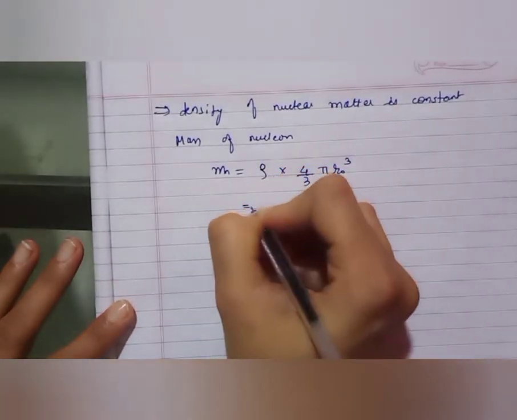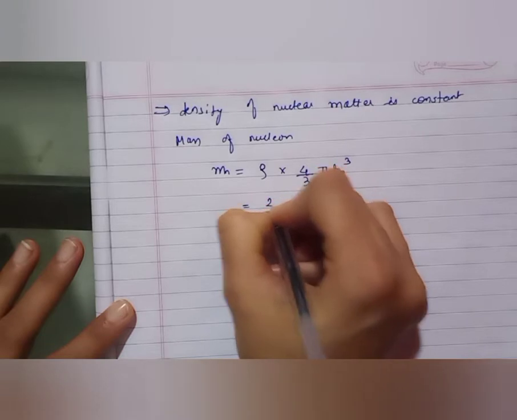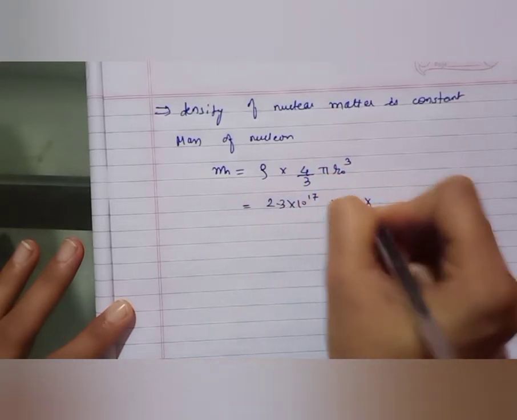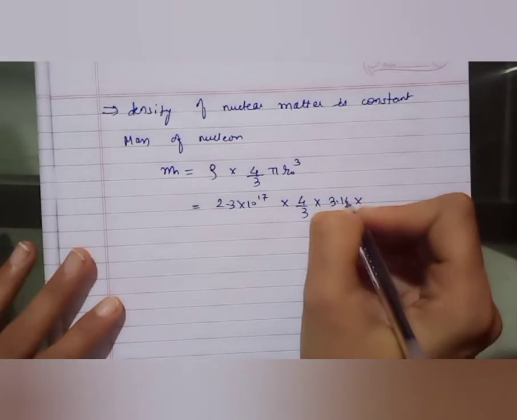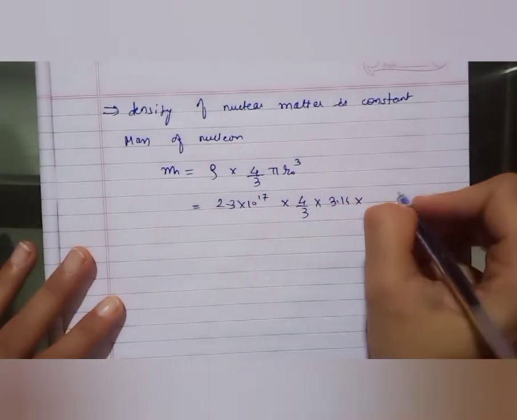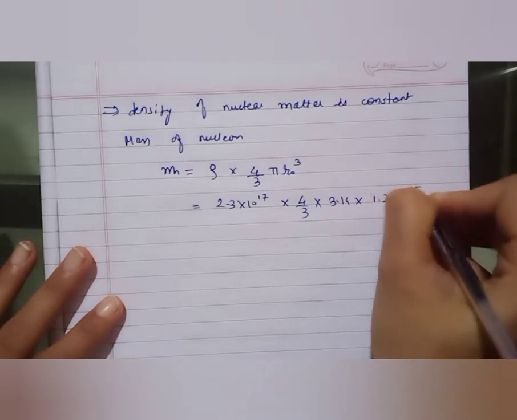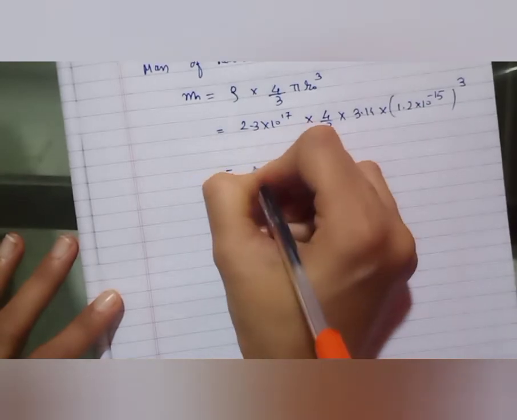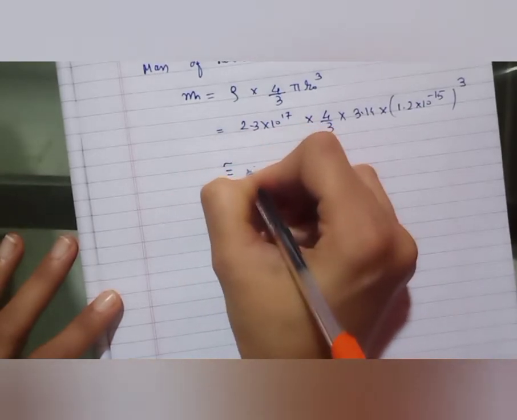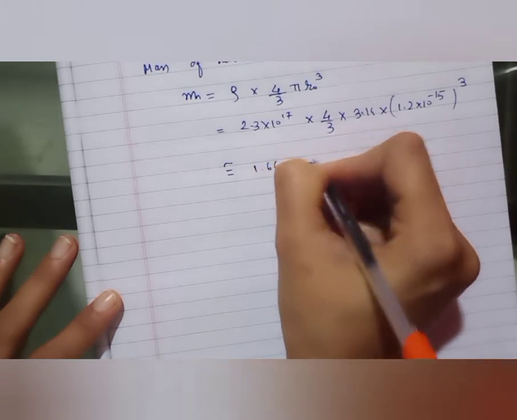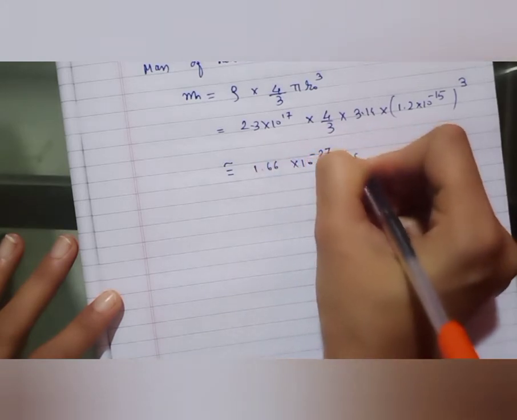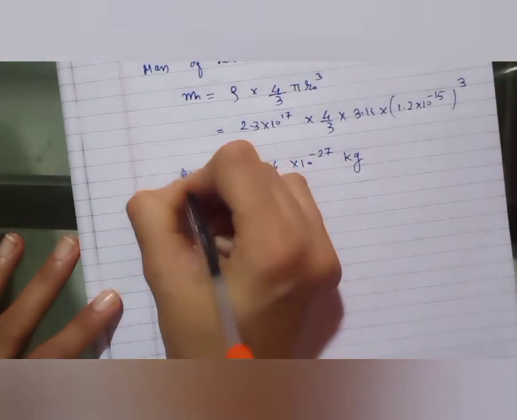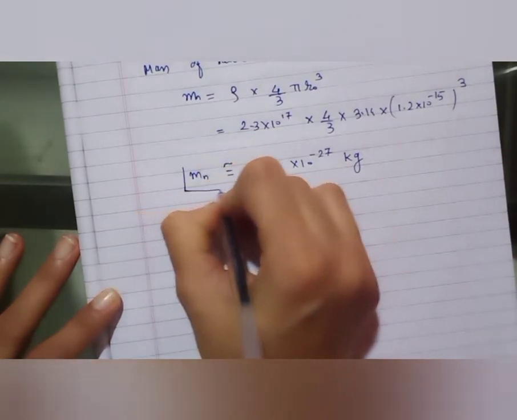Now rho is given in the problem, it equals 2.3 into 10 raised to 17. 4 by 3 pi, with pi as 3.14, and R0 is also given in the problem, 1.2 into 10 raised to minus 15 meter, and we take its cube. If you calculate this value, it will come around 1.66 into 10 raised to minus 27 kg. So this is the mass of a nucleon.